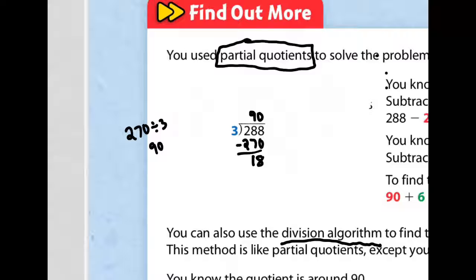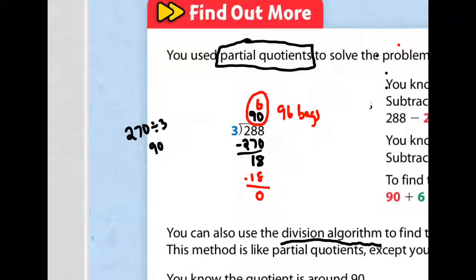Now remember in the last example, those 18 were the 18 bags of popcorn that we were short. Now I'm going to switch colors here. So then I could say, I know 3 goes into 18 6 times. I'm going to write that 6 up here. And 6 times 3 is 18. And we're down to 0. Now, partial quotient says we then take these two numbers and add them together to get 96 bags of popcorn. Okay, so that's how partial quotients works in that situation.